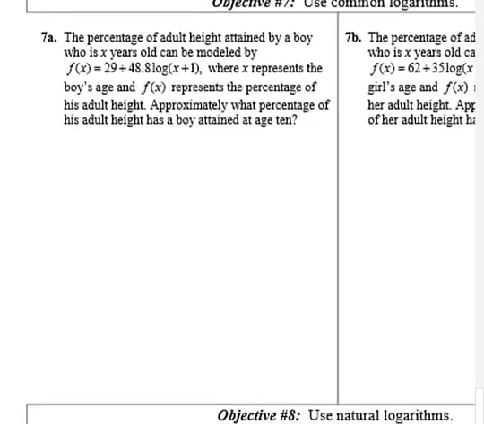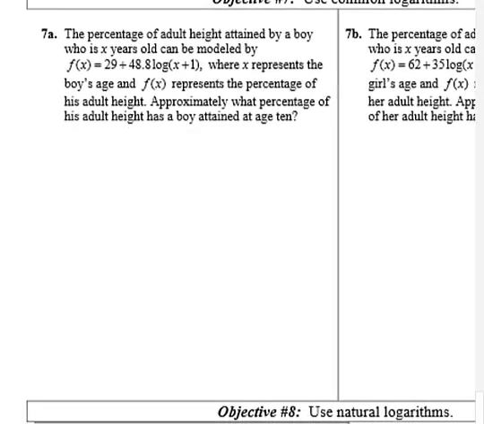So number 7a says, the percentage of adult height attained by a boy who is X years old can be modeled by this crazy function right here, where X represents the boy's age and f of X represents the percentage of his adult height. If X is 21, I'm imagining it's about 100% of your height, because you're probably not going to grow much after 21.